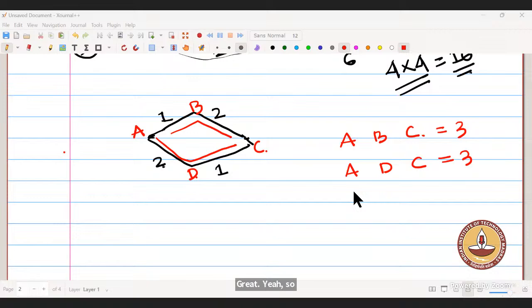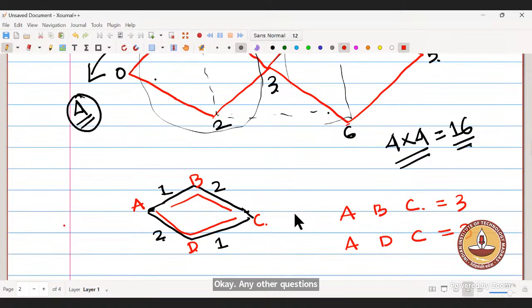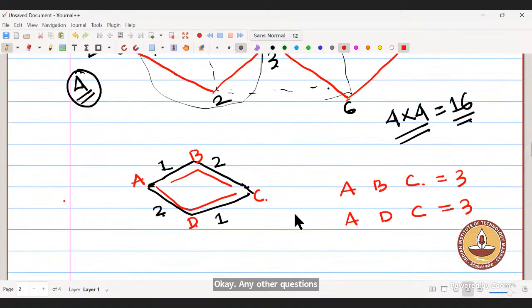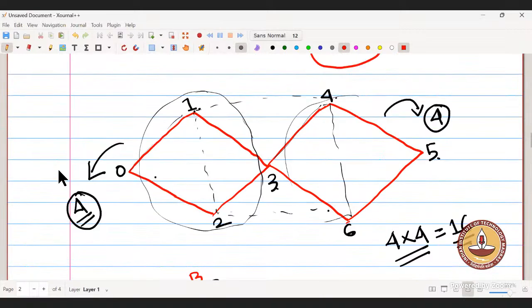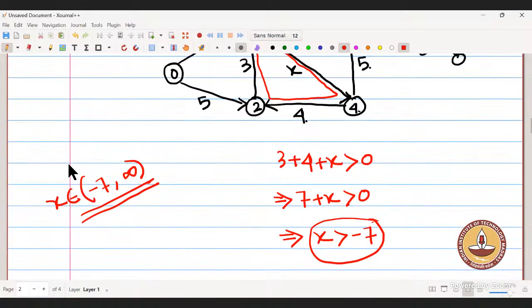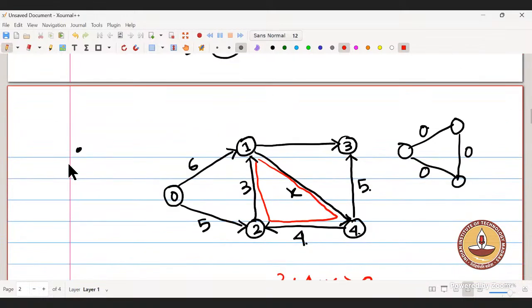Any other questions? Any other question from week 10 or 11?